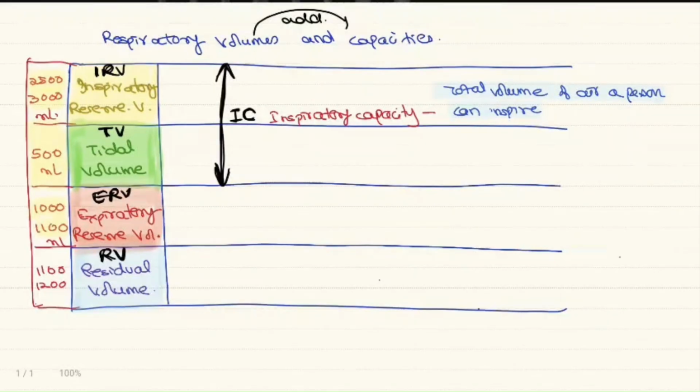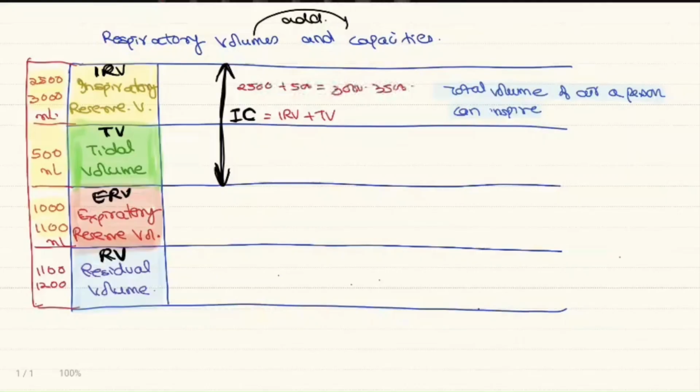So how much can I inspire? I can take the IRV and I can also take the TV. So IRV plus TV is called as the inspiratory capacity. If I add the volumes, this is nearly 3000 to 3500.